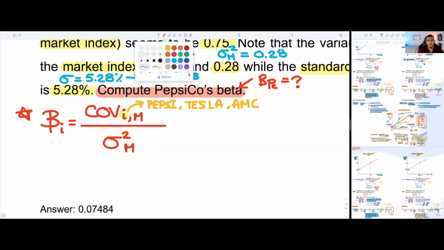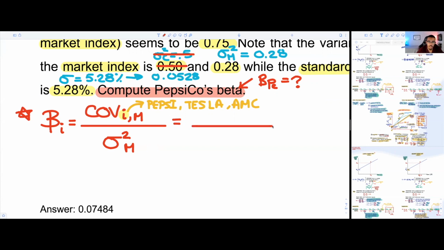However, we could translate this in a different way still, depending on the type of information we have in the question. You could write it as being rho, the correlation coefficient of a given asset vis-a-vis the market index, times the standard deviation of that given asset over the standard deviation of the market.